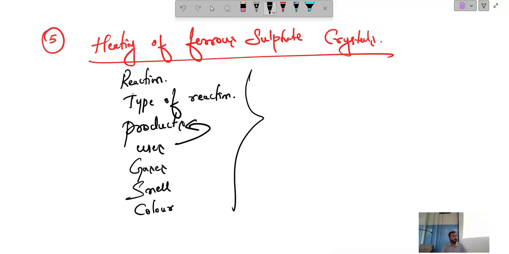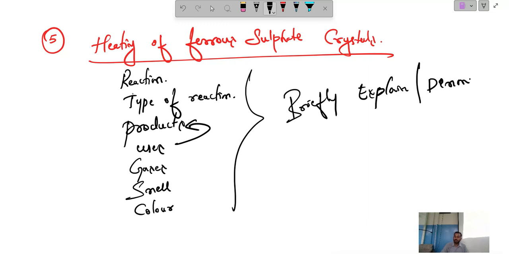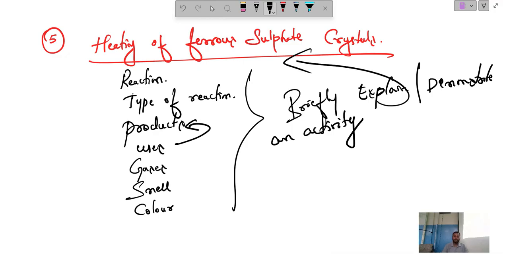Understood? Now, nowadays we are seeing one important question which is making the rounds. You know what it is? The question is: briefly explain or demonstrate an activity, how the ferrous sulfate crystals are heated.